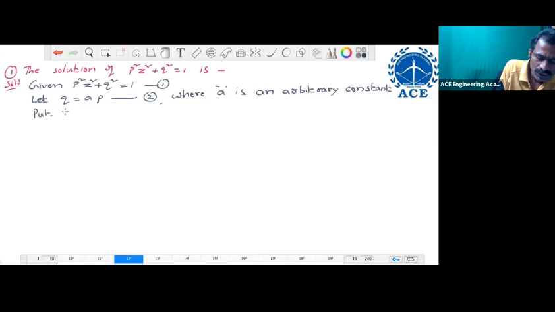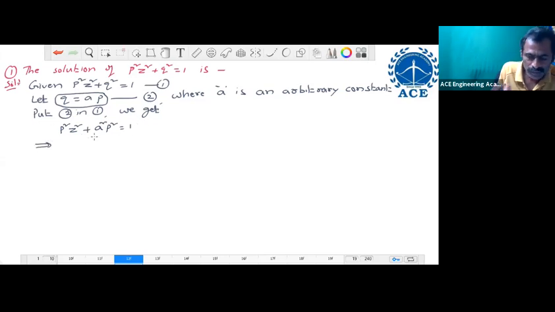Put 2 in 1. We get, in place of q, write the ap only. p square z square plus a square p square equal to 1. And we solve this equation for p in terms of other terms only.